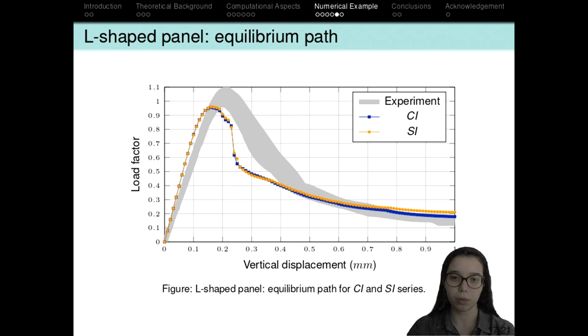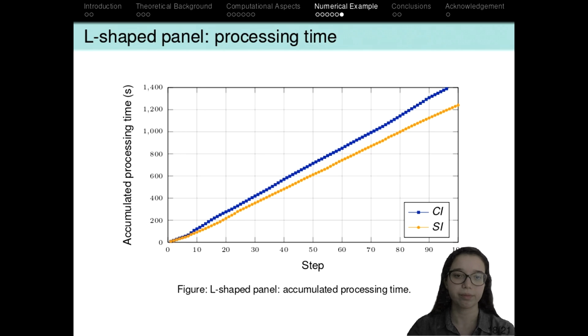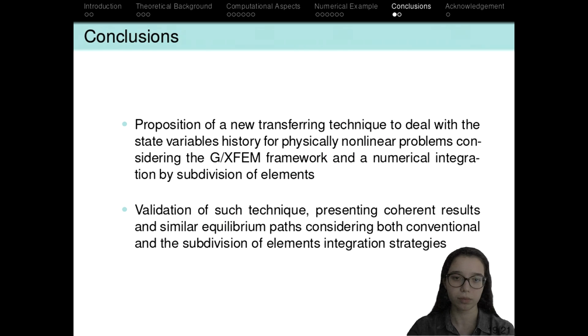This is mainly due to the model that we adopted here, once we consider the crack explicitly represented. Also, according to this graph, we can see the processing times of both series, and the SI series has lower processing times throughout the process.